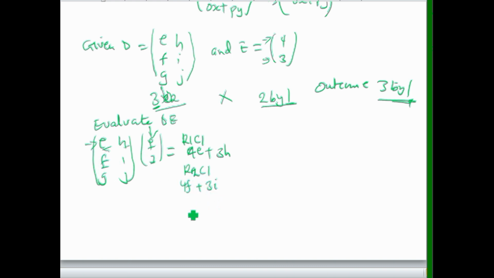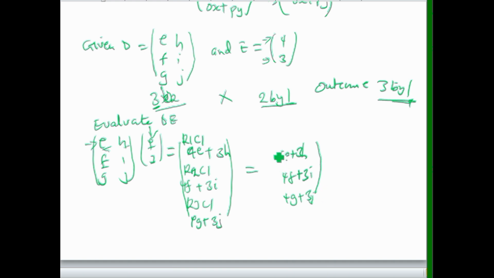Now row 3, column 1 will be g times 4, that is 4g, plus j times 3, that is 3j. And that becomes our final answer, which is 4e plus 3h, 4f plus 3i, and finally 4g plus 3j.